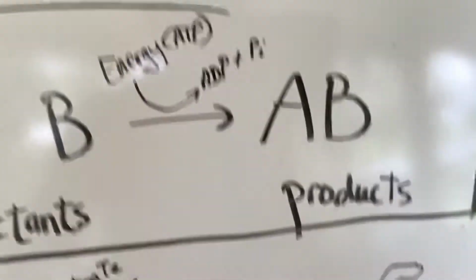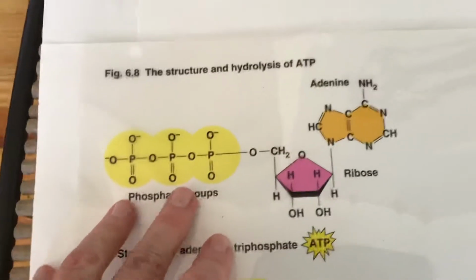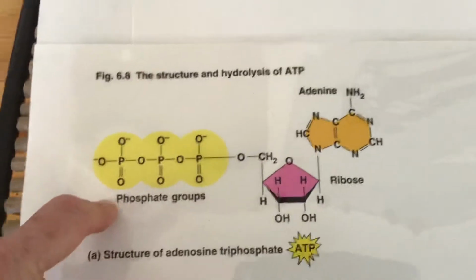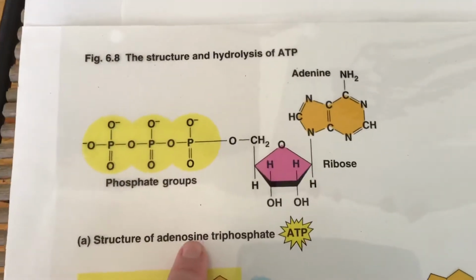So let's just talk about what that means. Okay, so adenosine triphosphate is the name of ATP. 3 phosphates, triphosphate, adenosine triphosphate.